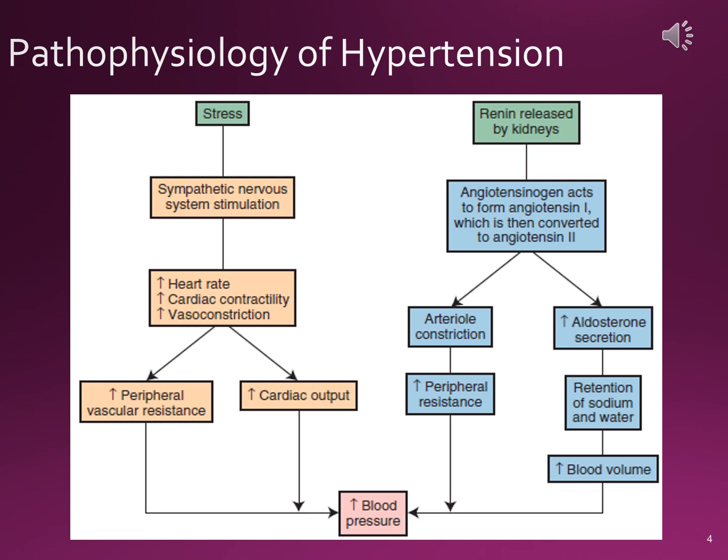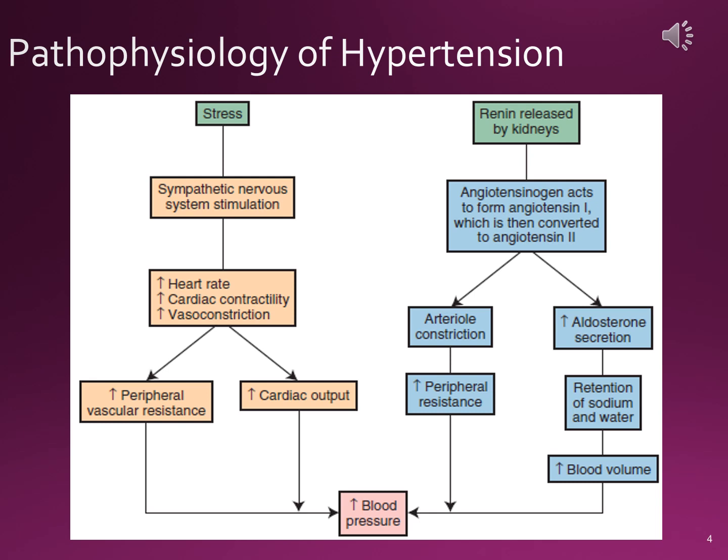And so anything that increases peripheral vascular resistance will increase the blood pressure because more pressure is needed to get that blood through the vessels. Your ventricles have to generate more blood pressure to overcome that resting systemic vascular resistance. Increased arteriolar peripheral vascular resistance is the main mechanism elevating blood pressure in hypertension.